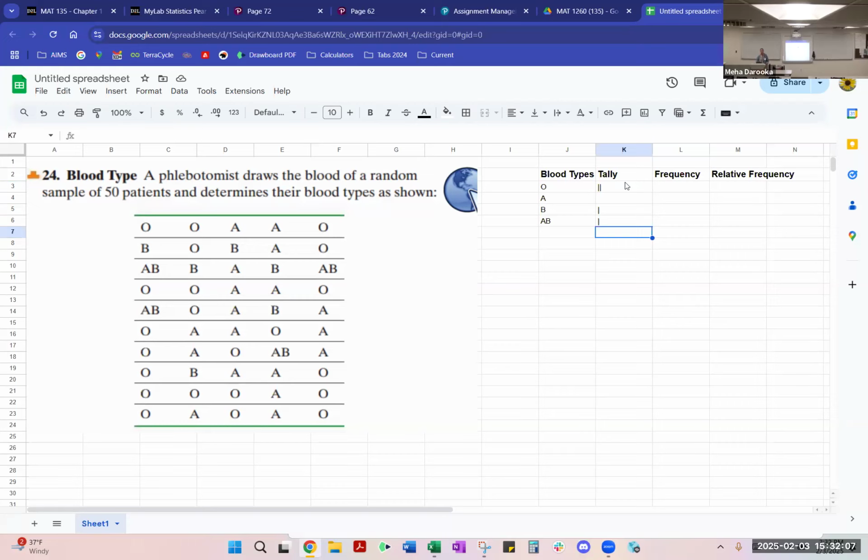Now remember, there's a total of 50 patients, so you should not have a total for the frequency getting any larger than 50.